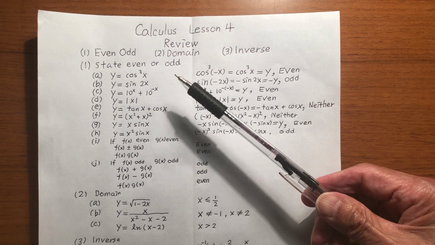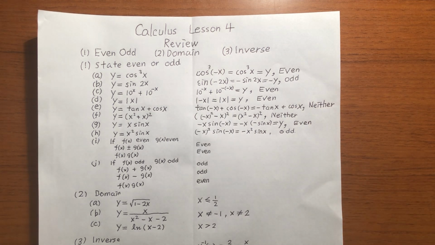So to determine whether it is even or odd, you replace x by negative x and compare the results with the original function. If the result is the negative of the original function, it is called odd.